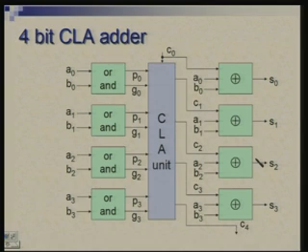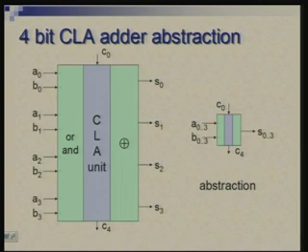So, now we will take this as a module and try to build larger adders. First, we try to represent this in somewhat abstract form. I have just coalesced 3 stages. Now, we are suppressing internal details, so that we look at the whole thing as a black box and try to put more of these to build larger adders.